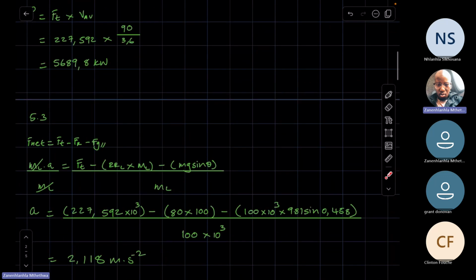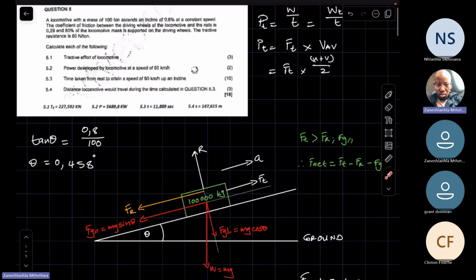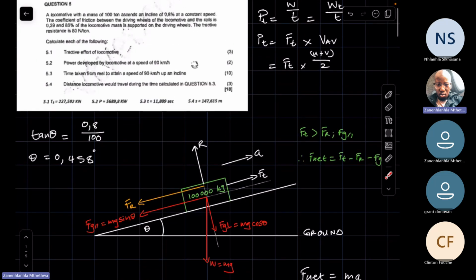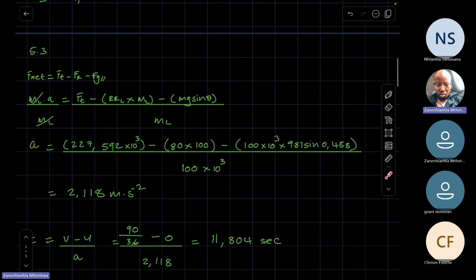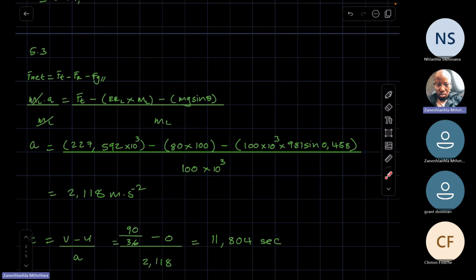Right, so vehicle dynamics is also very easy, very, very easy, right? Now, vehicle dynamics is easy because you are able to tap into previous knowledge, the knowledge you got when doing engineering science N3 and N4, because we essentially applied the very same principles we applied even then, right?